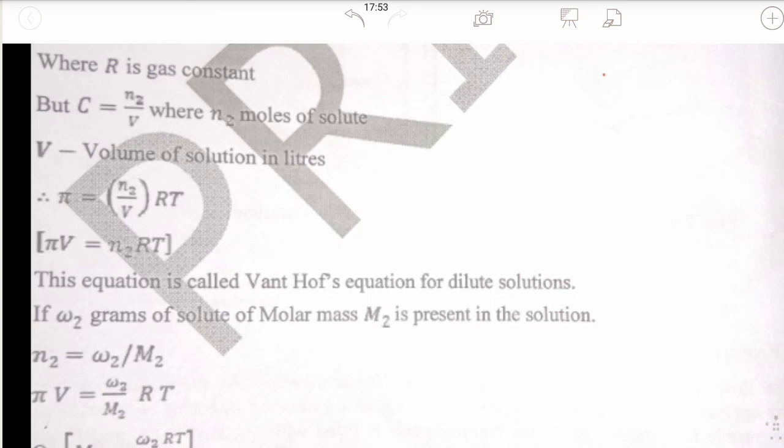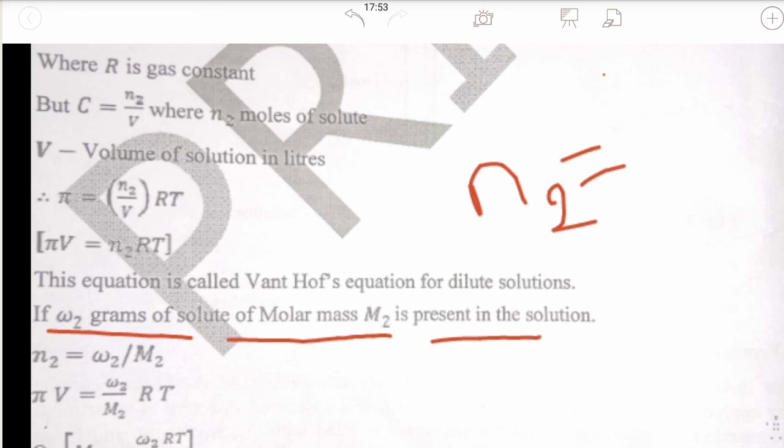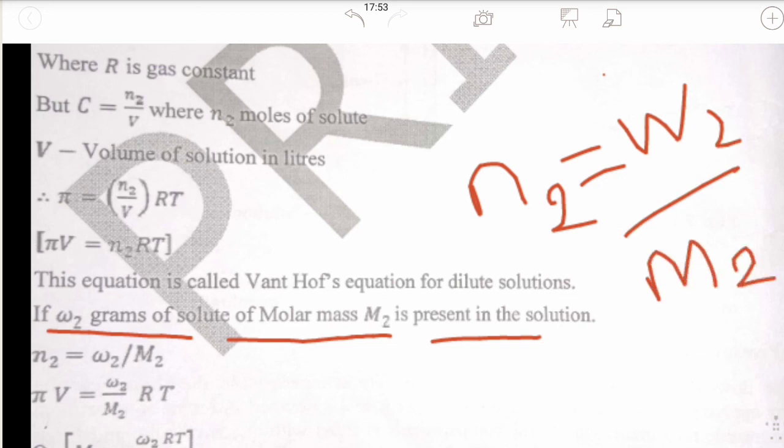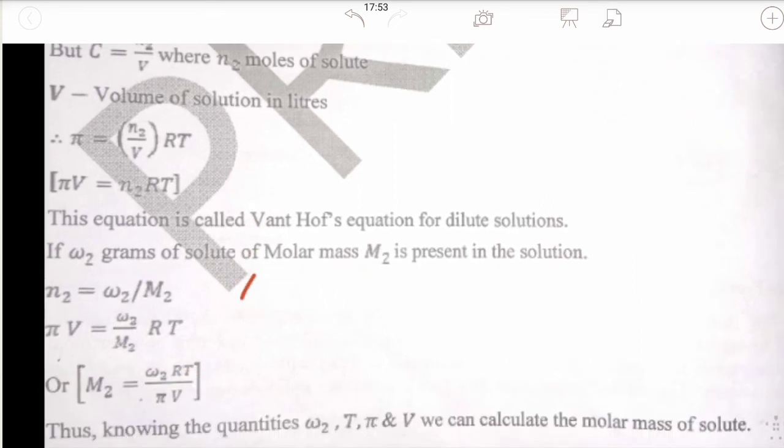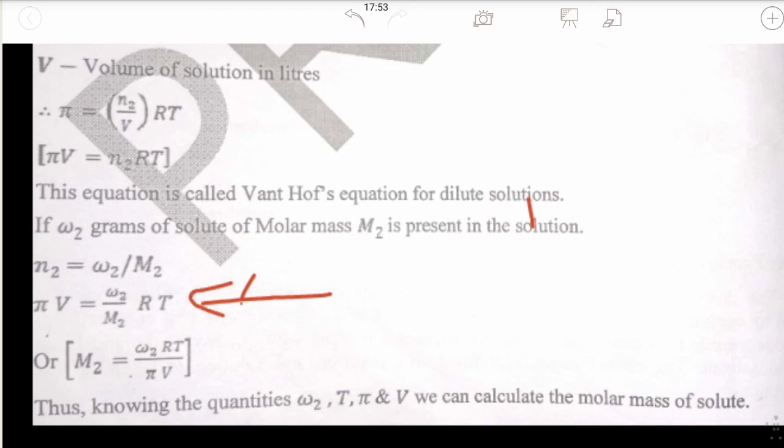If W2 grams of solute of molar mass M2 is present in the solution, what is n2? We know that n2 is the number of moles, and its formula is W2 by M2. I have told you already in the second class. n2 is equal to W2 by M2. When you put this value in the equation, you get pi V is equal to W2 by M2 times RT.